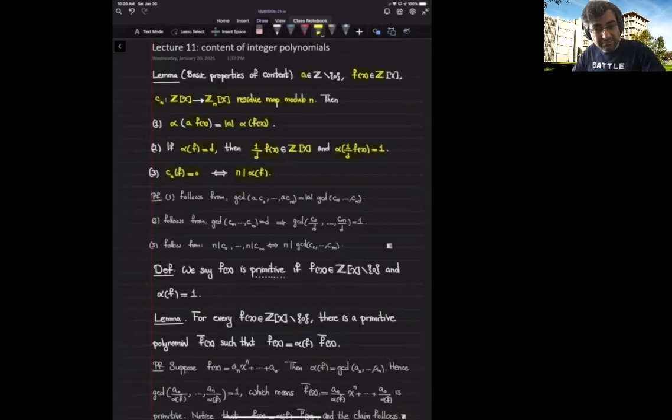If n does divide the content of f, that means that n is a common divisor of all the coefficients, and in turn that means that all the coefficients mod n are going to be 0.